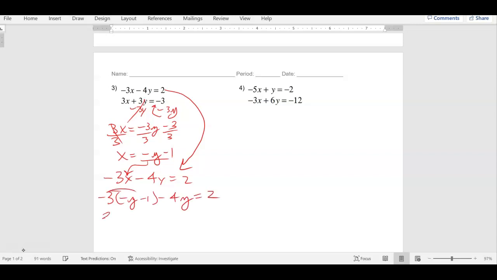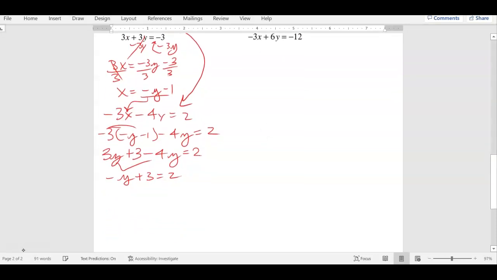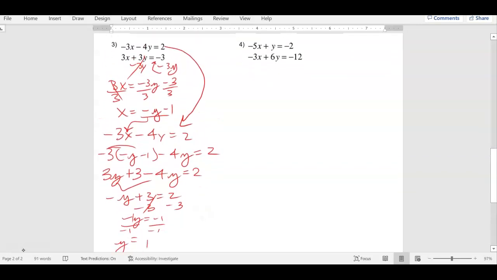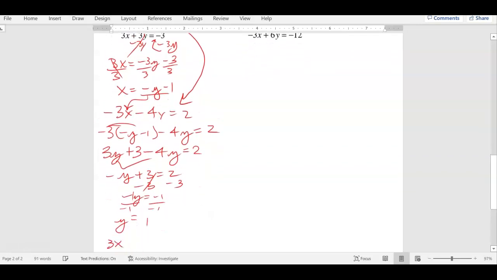If x equals this, then this is going to get plugged in right there. Distribute that negative 3. Combine like terms. Divide by negative 1. And then we plug that back into the second equation. 3x plus 3y equals negative 3.